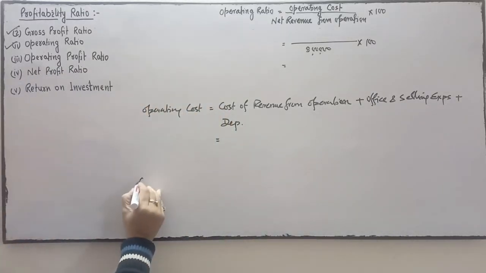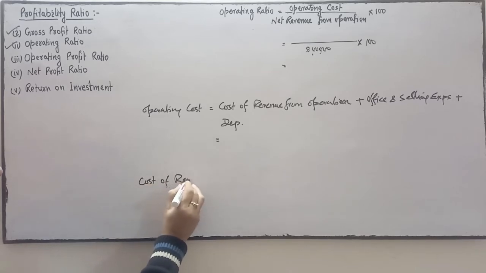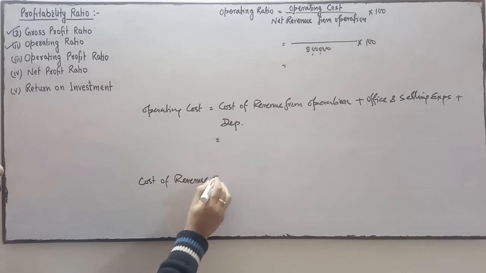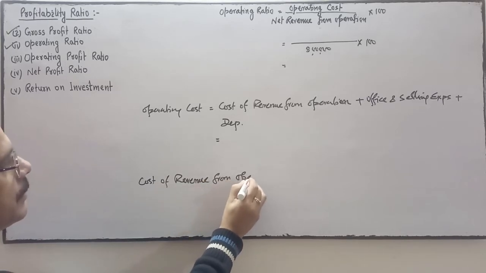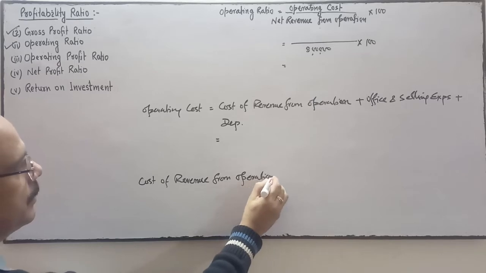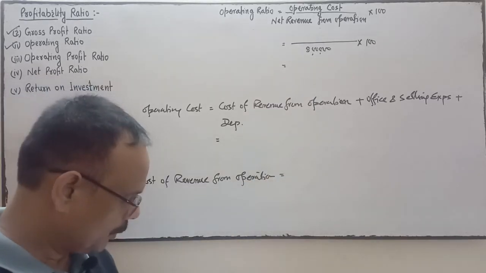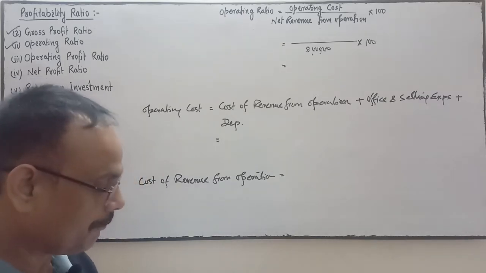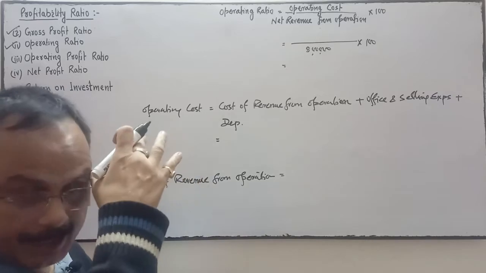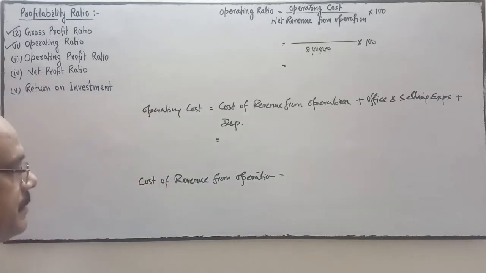Now come to the cost of revenue from operation. First of all we will calculate cost of revenue from operation. This is not directly given in the question, but there is a clue, that is the gross profit ratio, 20%. 20% on what? 20% on sales.